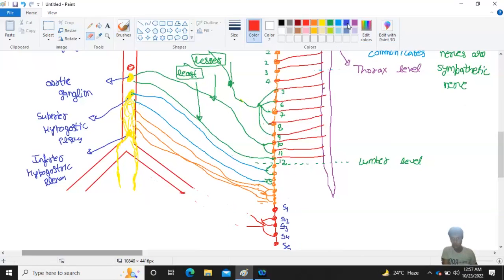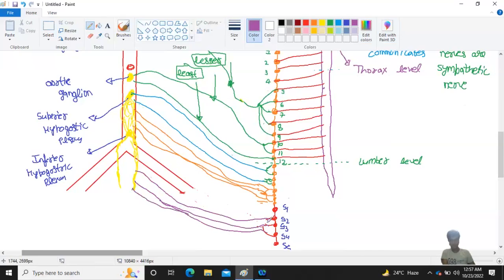Done. These are again splanchnic but are parasympathetic. These drain into this. 2 to 3 are possible, or 4 also.